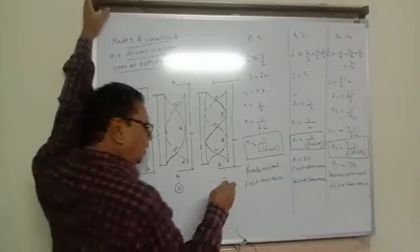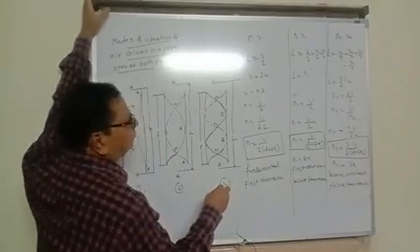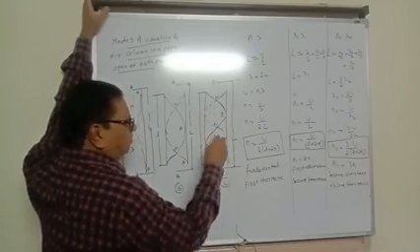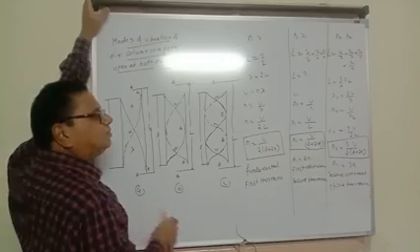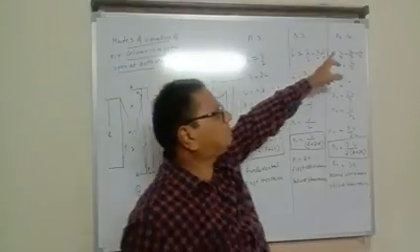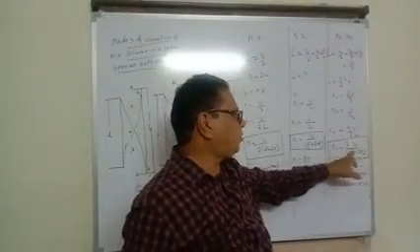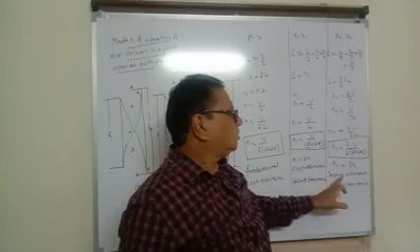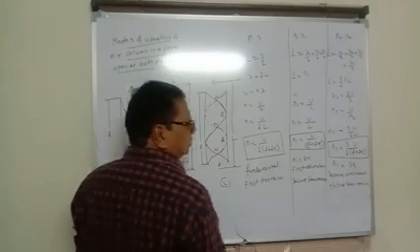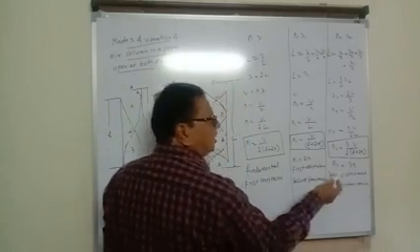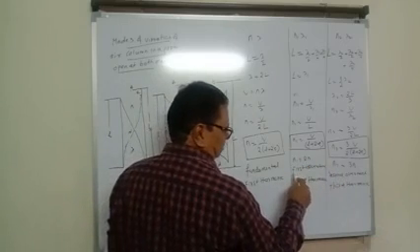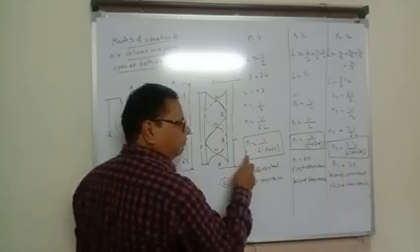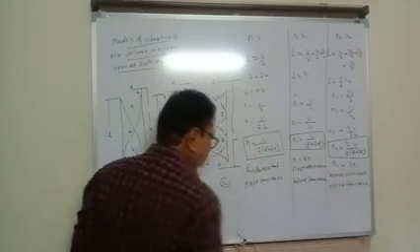Similarly, in the third mode of vibration, as shown in figure C, 4 antinodes and 3 nodes are formed. If we derive the expression for frequency, we arrive at N2 is 3V upon 2 into (L plus 2E), or N2 is equal to 3N. The frequency of vibration in this case is called second overtone because it is higher than the first overtone. As we multiply the fundamental frequency by 3, it is called third harmonic.